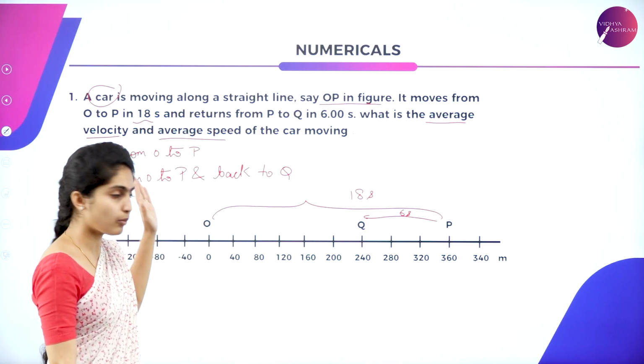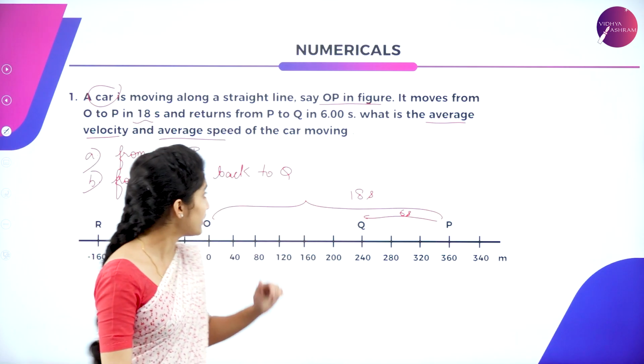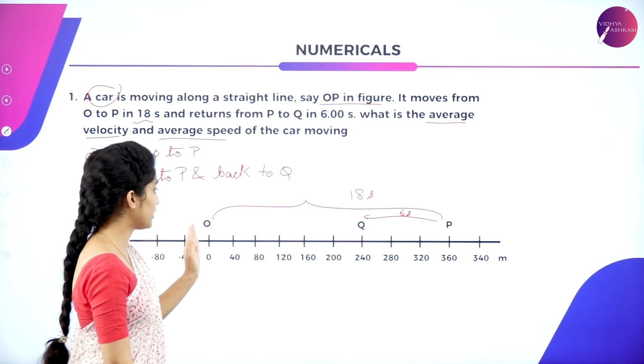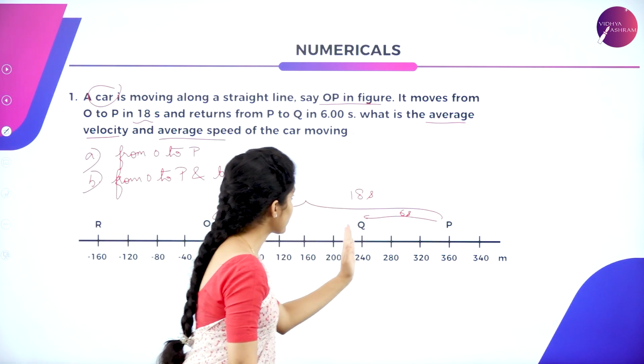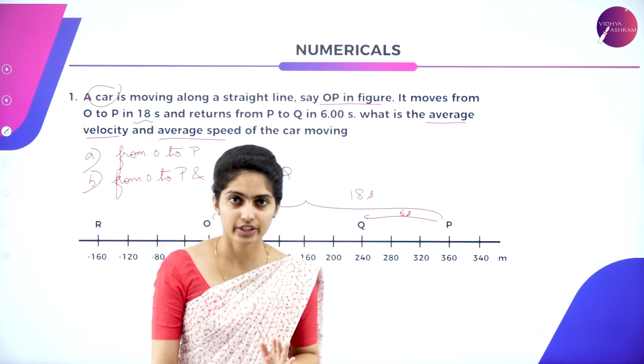The first question: from O to P, what is the average velocity and what is the average speed? The second question: from O to P and back to Q, the complete journey, you have to find out the average velocity and average speed.